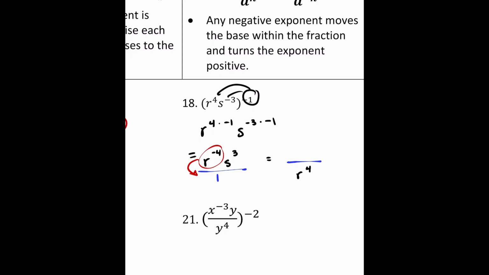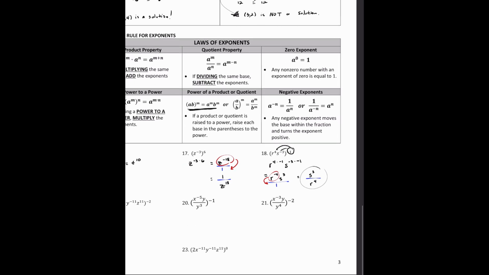Again, when you move a number that has a negative exponent to the other side, that exponent becomes positive. What about that s to the 3rd? Nothing is going to happen to that variable. We're just going to leave that in the numerator. So our answer is s to the 3rd over r to the 4th.